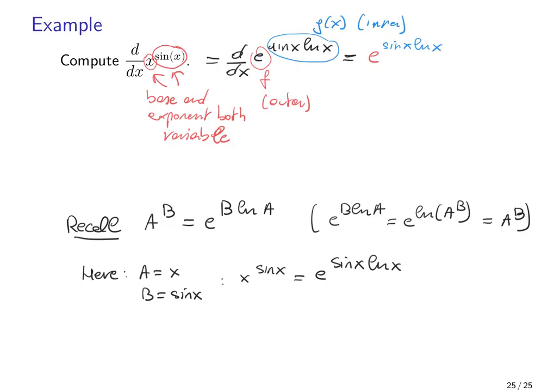And now we have to multiply that by the derivative of g. For the derivative of g, it's sine times logarithm, so we can use our product rule. We get cosine x logarithm of x plus sine x times 1 over x.